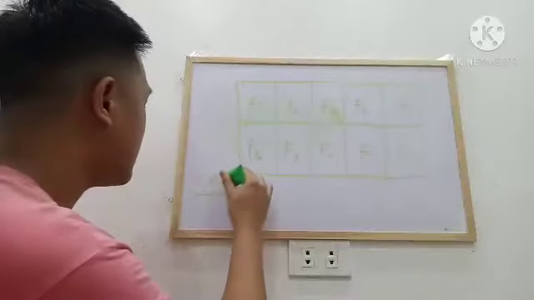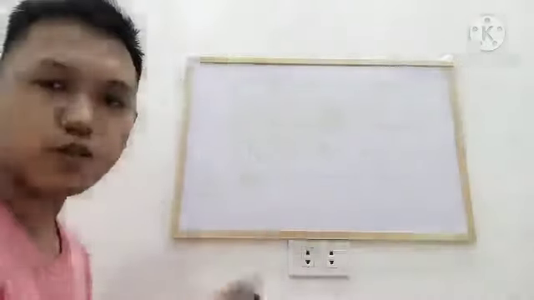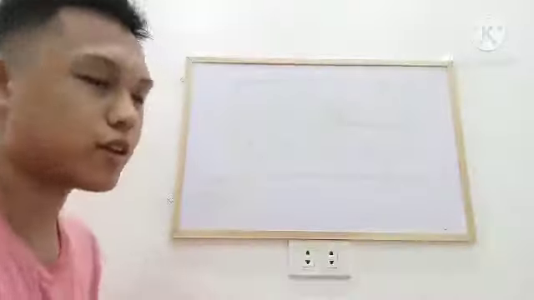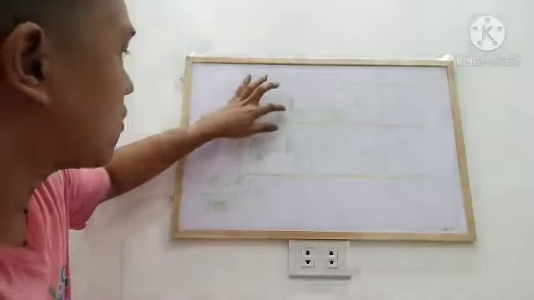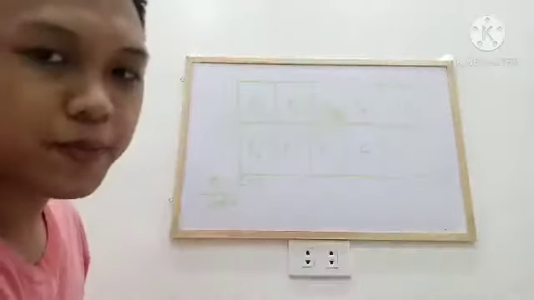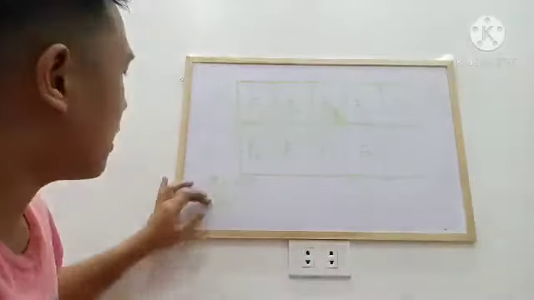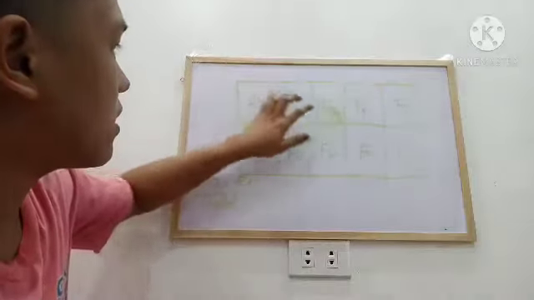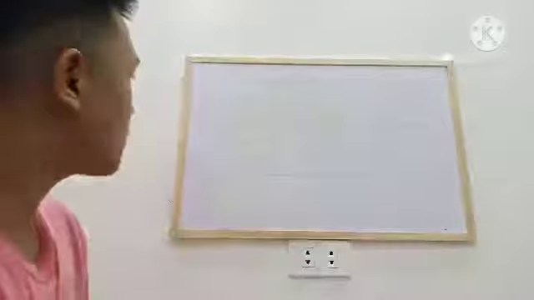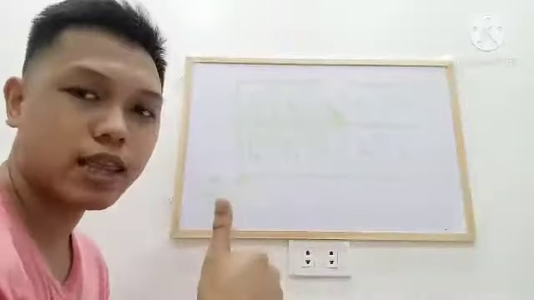The odd are the fingers number 1, 3, 5, 7, and 9. Finger number 1 is our right thumb.